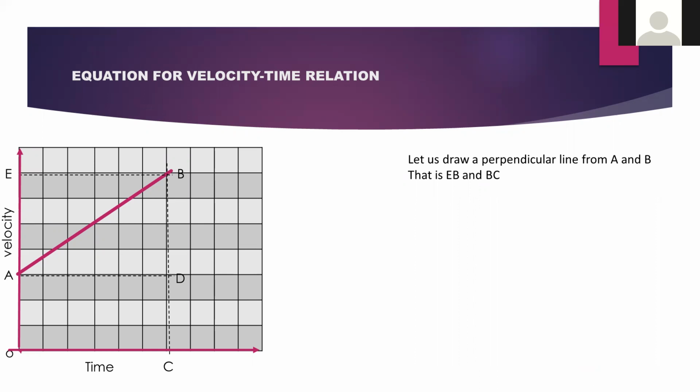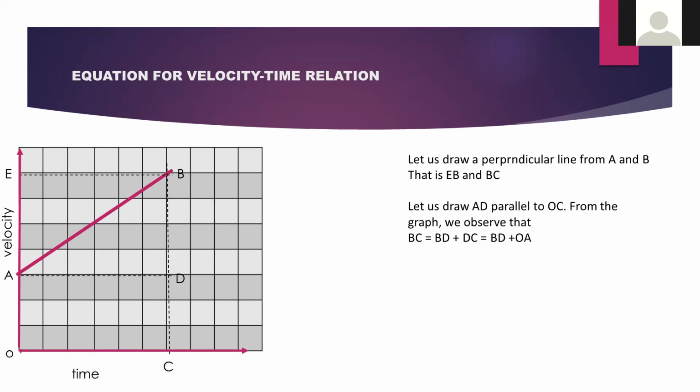And then we will draw a parallel to line AD, that is parallel to OC. Okay. Now from here we can see that BC is equal to BD plus DC, and DC is equal to OA, right?